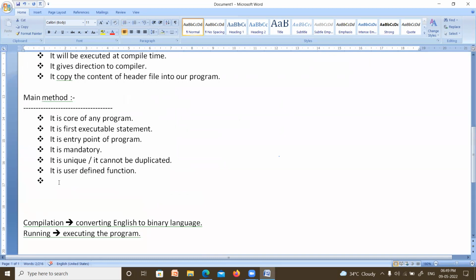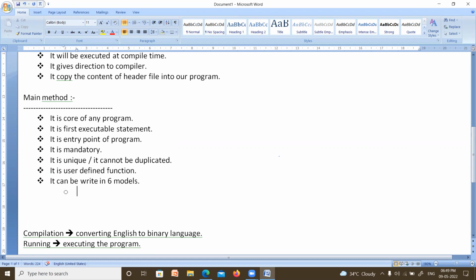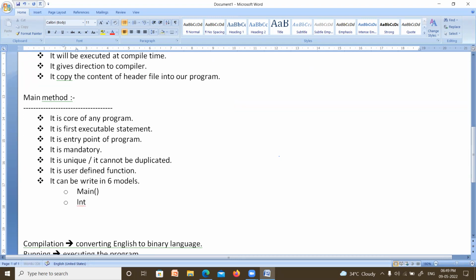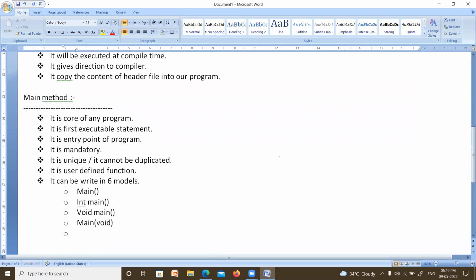We can write the main method in 6 formats. First, you can write just main. Or you can write int main, or void main. Or you can write main of void, or int main of void, or void main of void.